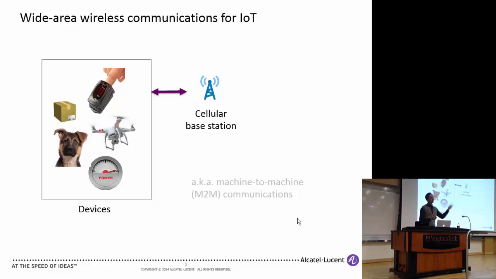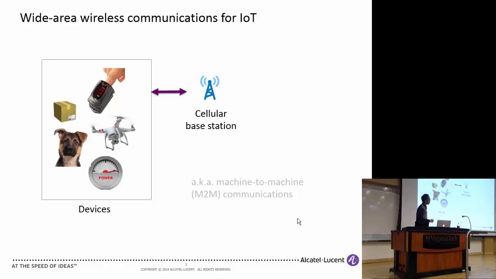And so this talk is going to focus on applications where you require wide area coverage, where you're served by a cellular base station. And so this is going to be the infrastructure through which your device communicates with the network.